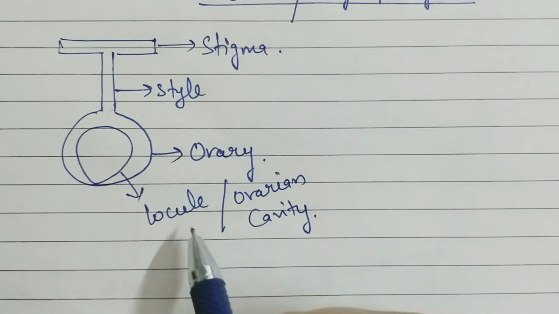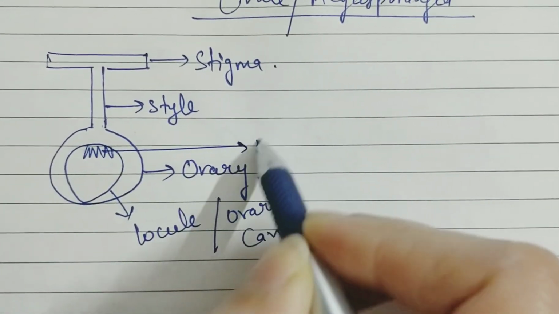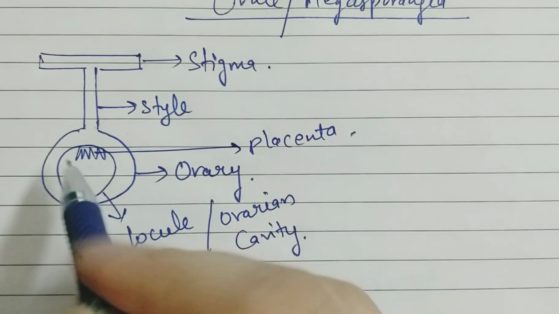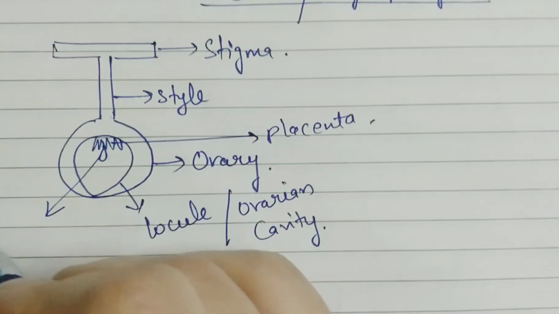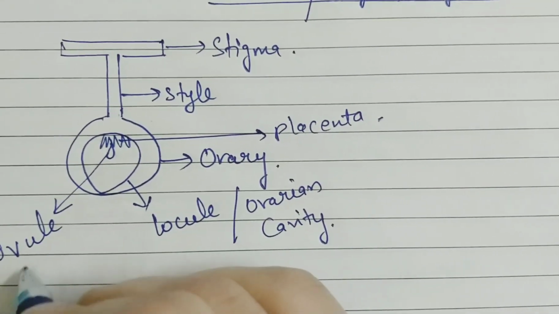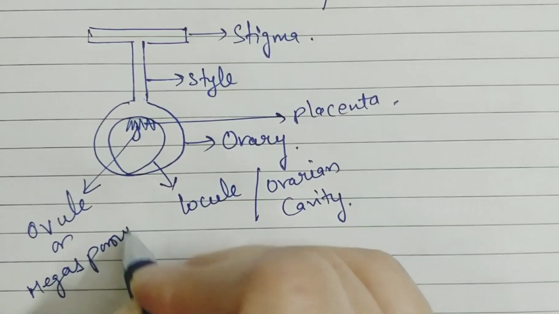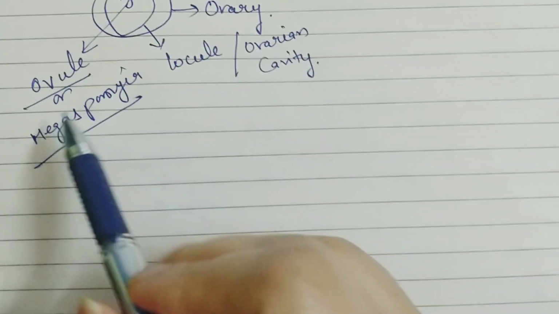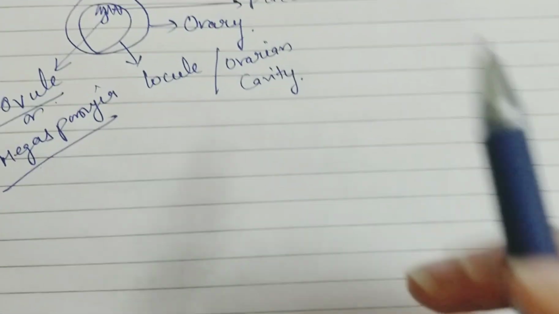Inside the ovarian cavity the placenta is present, and attached to the placenta is the ovule, which we also call the megasporangium. So in this session we will study the structure of the ovule and the megasporangia.